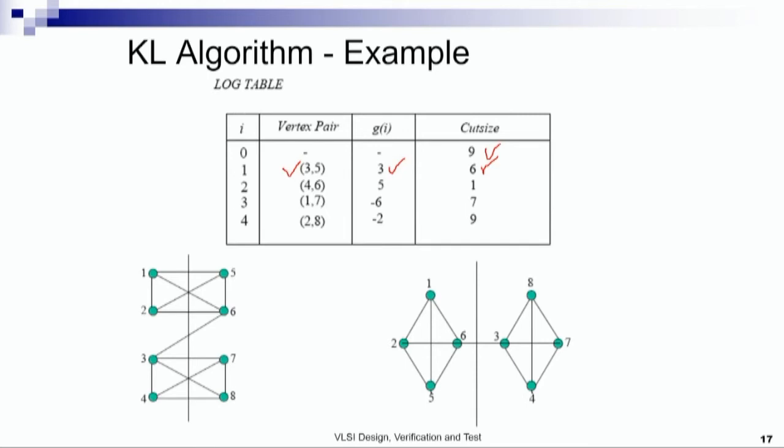After that, the highest gain is provided by the vertex pair 4, 6. So we choose 4, 6, exchange them and see that the gain produced now is 5.